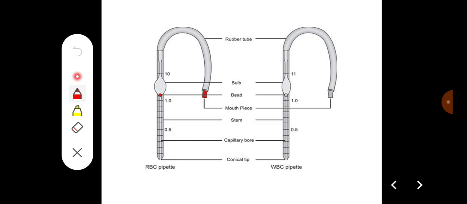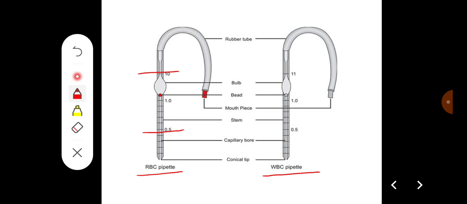These are the WBC and RBC counting pipettes. So this is the RBC pipette and this is the WBC pipette. Here the blood is diluted appropriately, and with RBC you are going to take 0.5 part of blood which is going to be mixed with 101 parts of the diluting fluid.